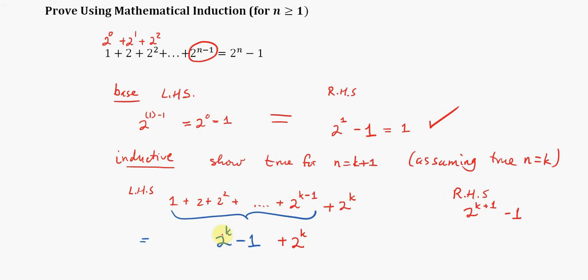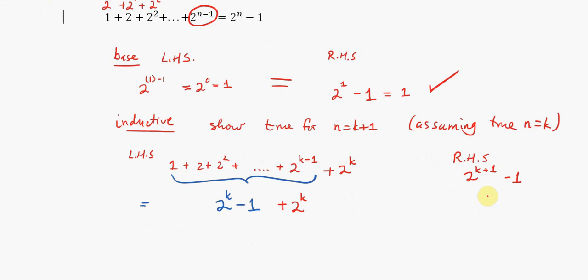And we want to show that this expression is somehow equal to this expression on the right-hand side. Now, it's not too difficult to do once we've already made it to this point. Notice here that we have 2 of these, 2 to the k, so these two expressions right here, 2 to the k plus 2 to the k, is really 2 times 2 to the k, and then we have that minus 1.